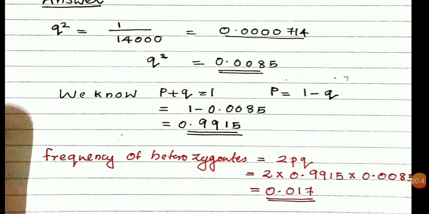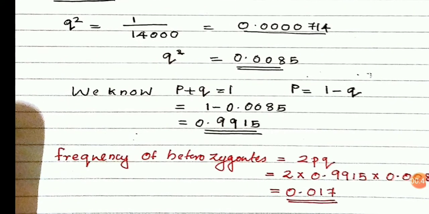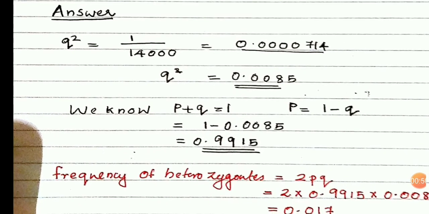So q square is equal to 1 by 14,000, that is 0.000714.